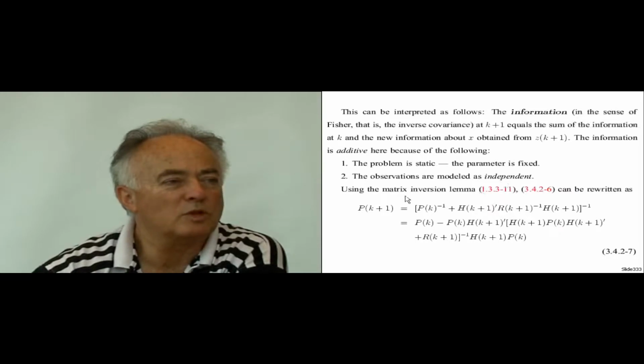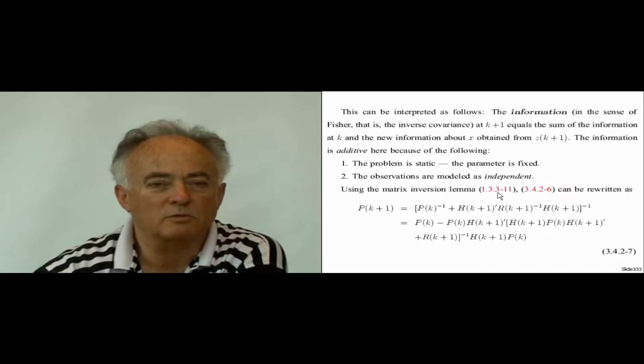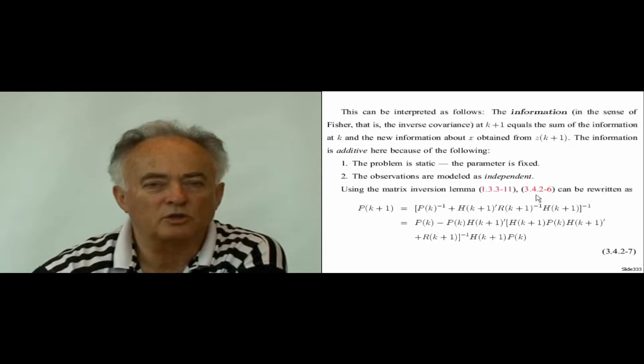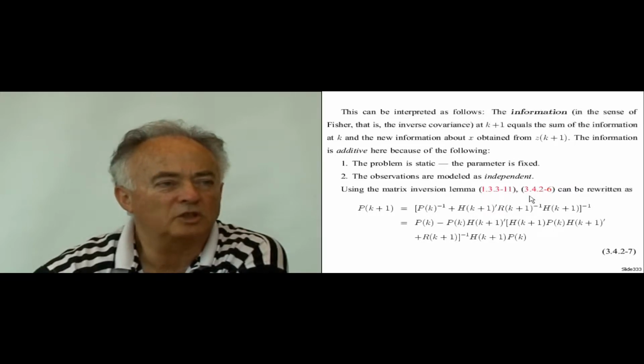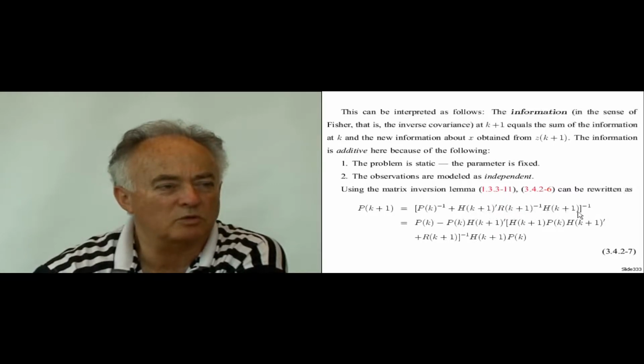Now, if we use the matrix inversion lemma that we have seen in chapter 1 when we summarized linear algebra, we can rewrite our recursion for the inverse covariance as a recursion for the covariance. And this becomes P k plus 1 would be the inverse of P k inverse plus H k plus 1 prime R k plus 1 inverse H k plus 1.